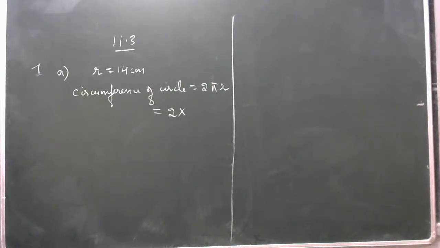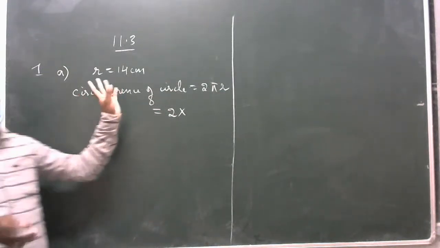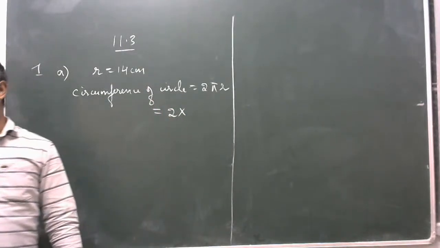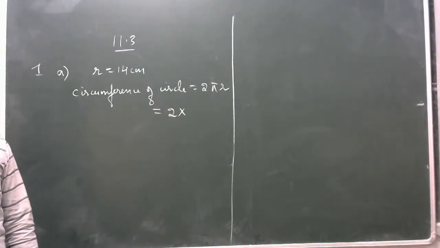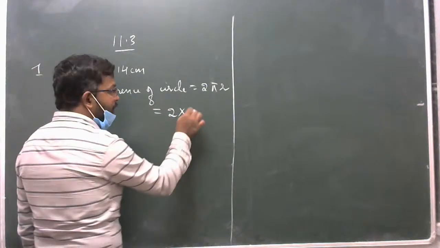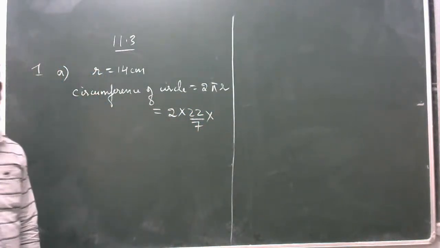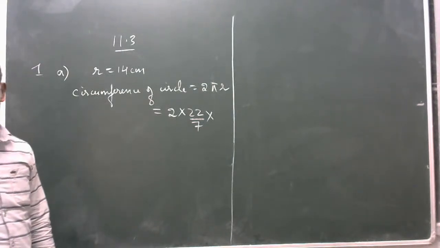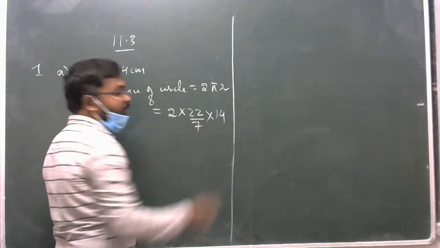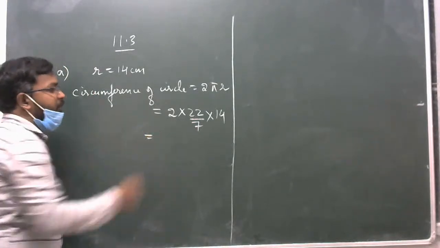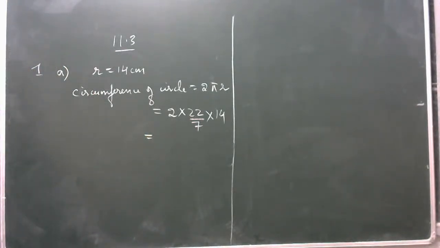You have to use 22 by 7. If they are not given, usually you have to take 22 by 7 only. So 2 into pi value, 22 by 7, multiplied by r. What is the value of r here? 14. It is 14 centimeters. So now you simplify and tell me how much you will get.